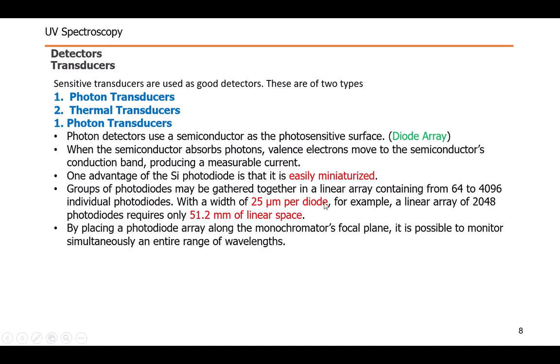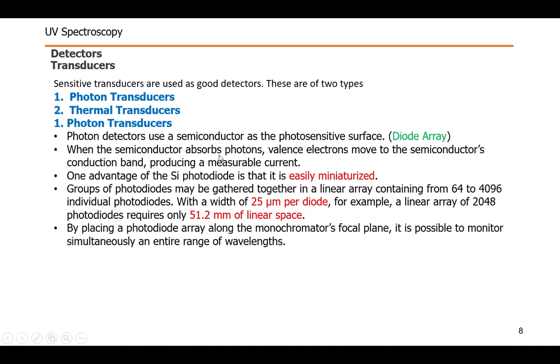Detectors, transducers, photon transducers and thermal transducers are taken to be the good detectors in the case of UV visible spectroscopy. Photon transducers consisting of semiconductors as photosensitive surfaces are called photon transducers, and these are also called diode array detectors.